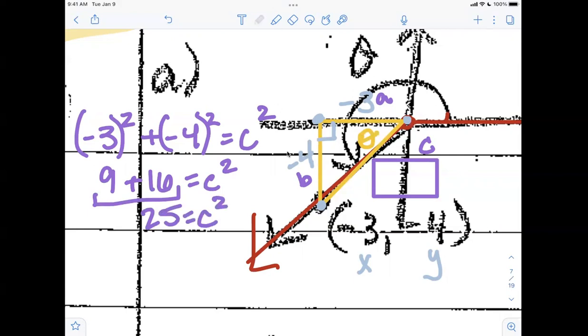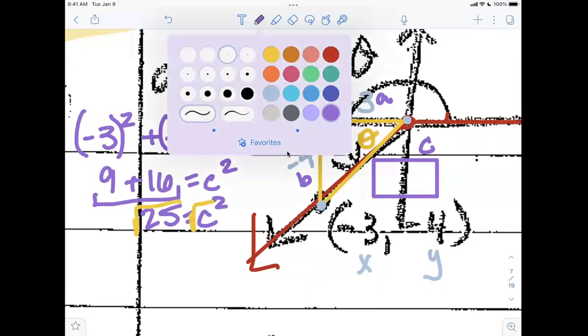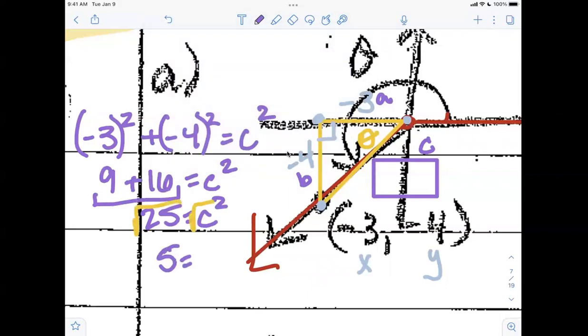And then we can square root both sides, and I get c equals 5. I want you to recognize that both of my a and b were negative numbers. That's okay. Your a's and b's can be negative or positive, but your c, your hypotenuse, is always going to be a positive number. So in this case, it's 5.